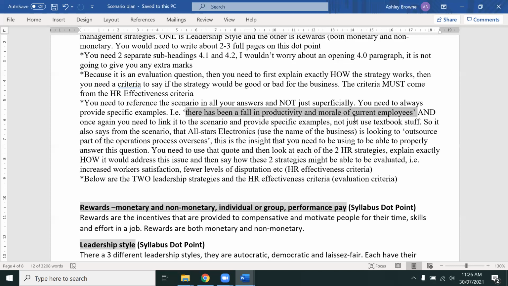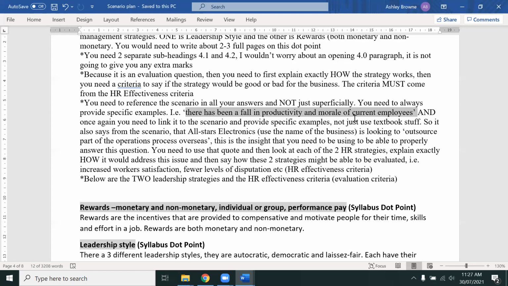Could be things like suggestion boxes, so that employees can anonymously say what they would like to see change. So not just the first bit, but examples. We could also say that they could participate in higher level meetings and discussions. That's another one where you're giving employees empowerment. There's lots of different things. Look in the BSIA textbook to see those specific examples.